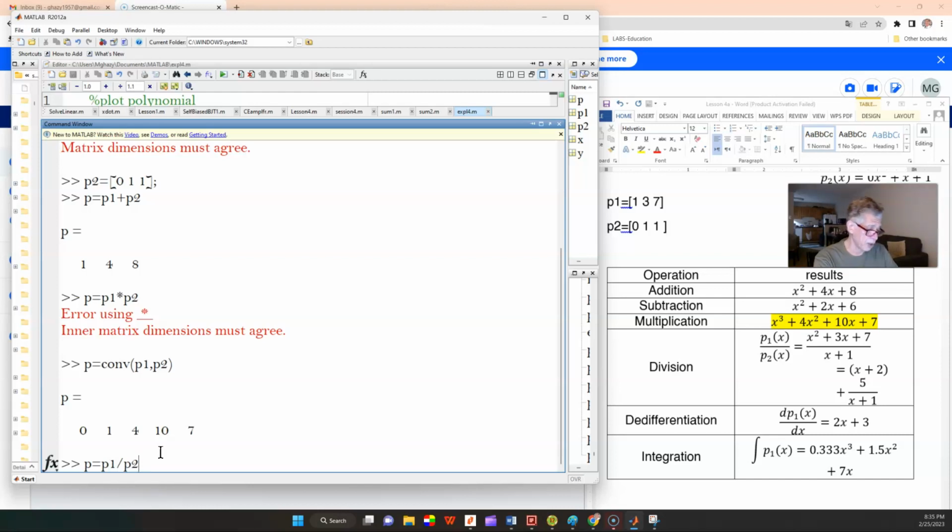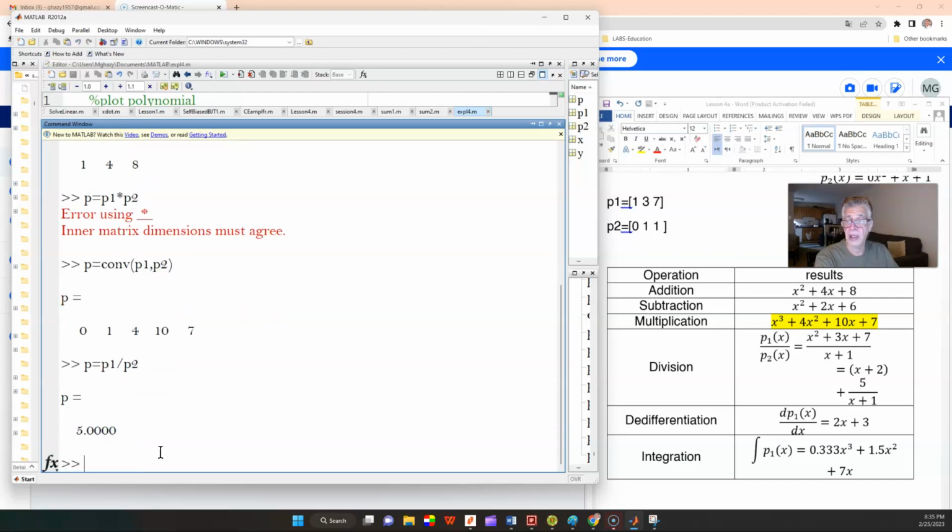It doesn't work. Now let's check. It didn't do division of polynomials, because that's equal to 5. You are getting only the remainder, but you want the whole result, x plus 2. The polynomial means 1, 2, and then the remainder you get is 5. So we use deconvolution.